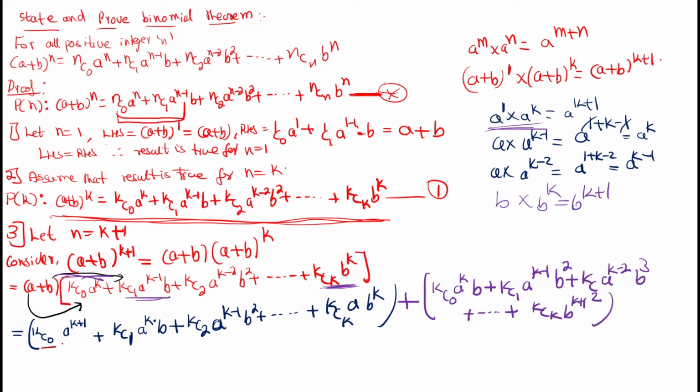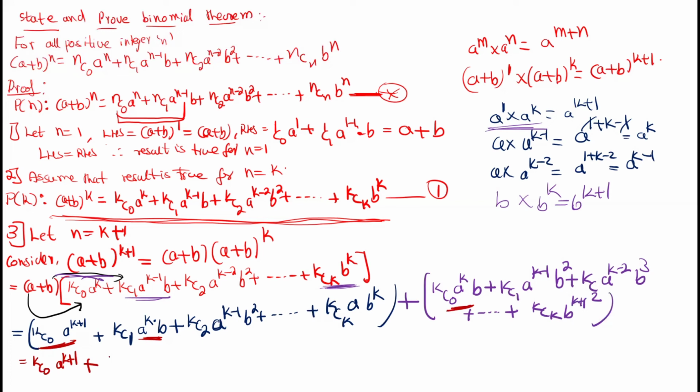Next, write the first sum same, no change, kC0 into a power k plus 1, plus next see, group the terms. Here a to the power k into b is there in the first term. Here also see a to the power k into b is there. So we can say that a to the power k into b is the common term.